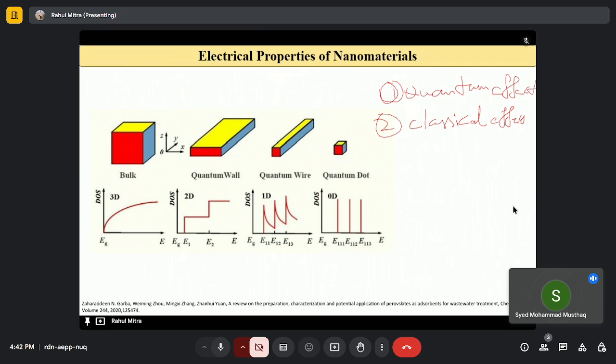To understand these effects, let's first start with the density of states. If we start with density of states, then it will be easy to understand, or see with a picture, what exactly is happening. Let me start with zero dimension.